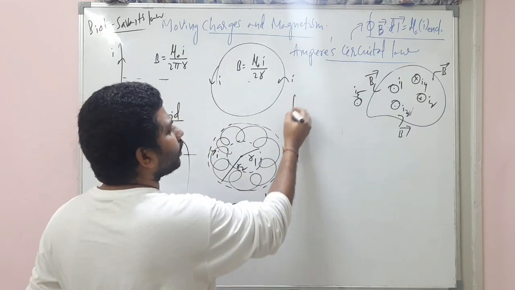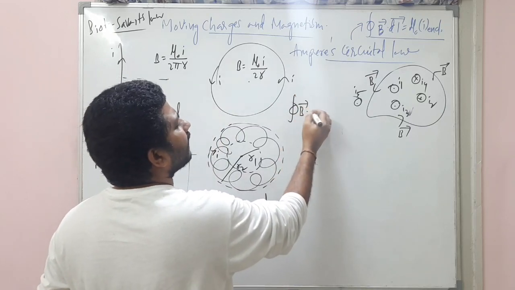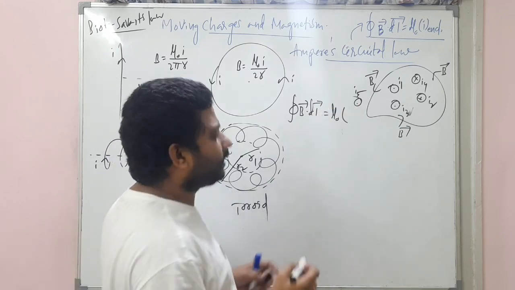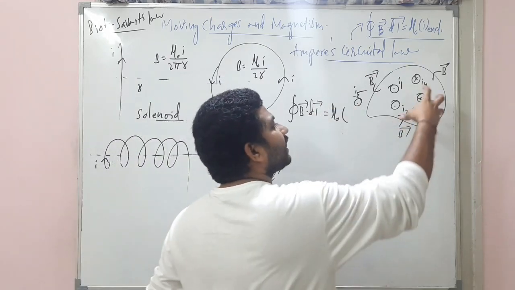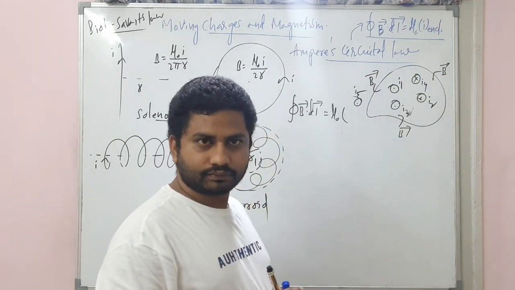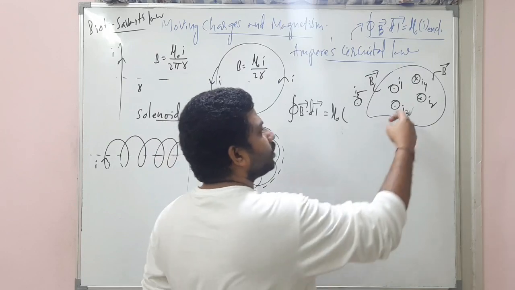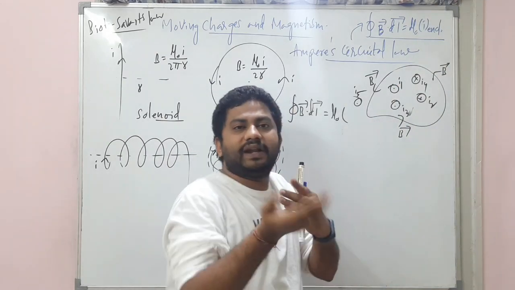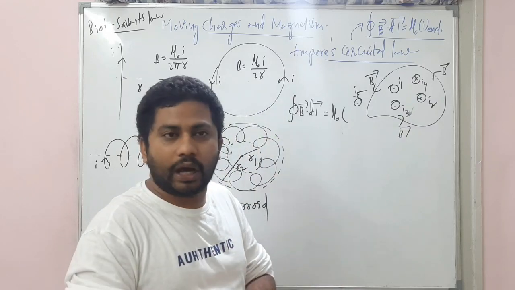Current enclosed means current enclosed in the loop. This current outside will not be considered. Right? Now, these currents we'll consider, but how can we consider them? Some are out of the plane, some are into the plane. How can you consider now?